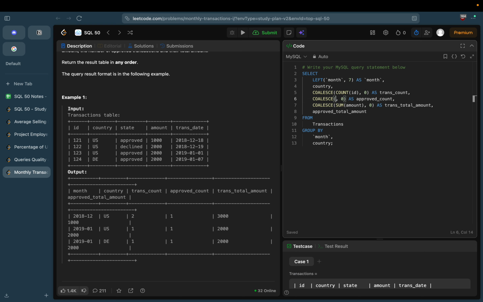To tackle this, we use the sum and if condition together, and we sum up once if the condition is satisfied, otherwise we sum a 0. So a sum is used, inside a sum an if is used, and our condition is according to the state. So if state is equal to approved, we want to sum up a 1, otherwise a 0.